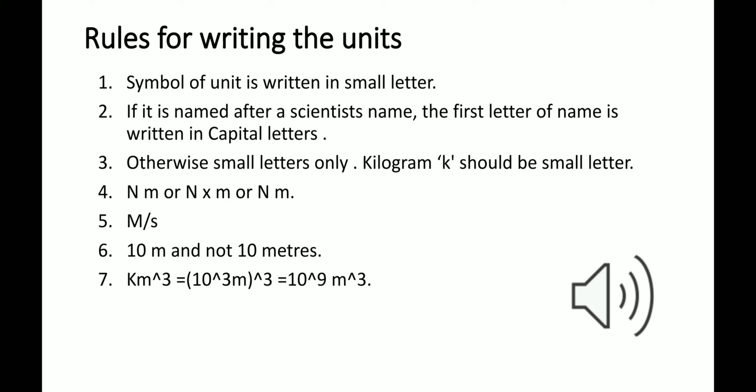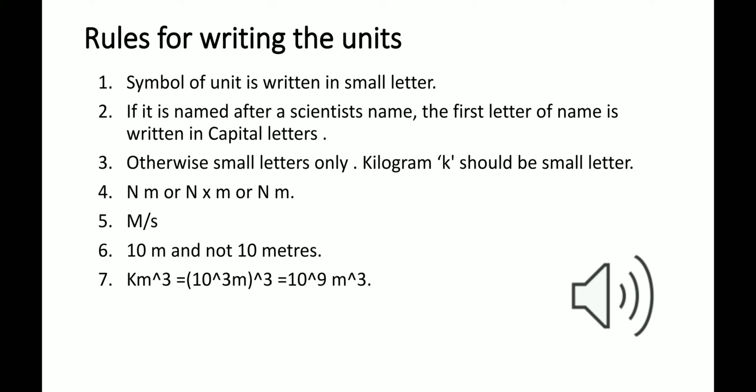For example, the unit of torque will be written as Newton dot meter, Newton into meter, or Newton space meter. Newton is the name of a scientist, so it is written with a capital letter, and meter is normal, so it is written in small letters. Now, if there is any negative power like meter per second, negative power is used for compound units formed by dividing one unit by another.